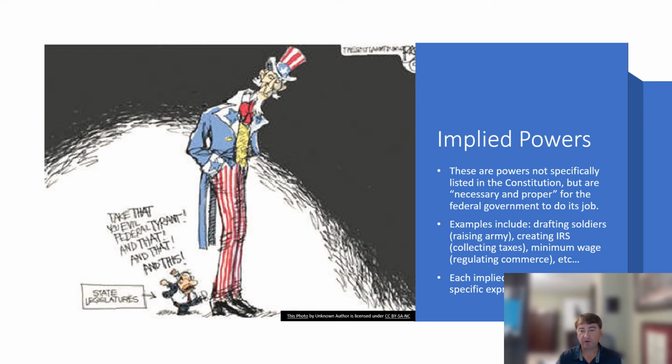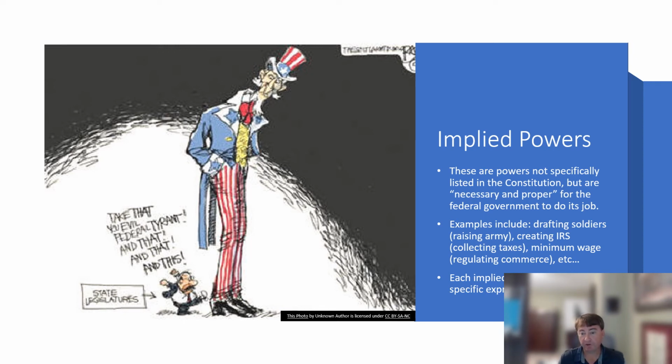We know that all states have laws against guns in schools, but this one student brought a gun to school and got charged with breaking a federal law and therefore went to federal court.